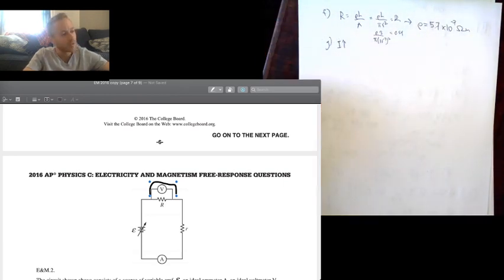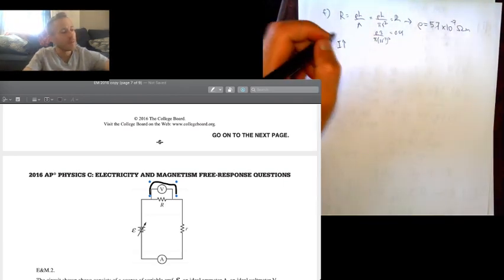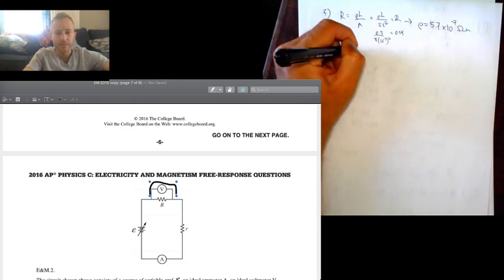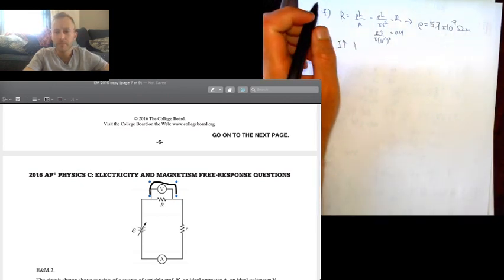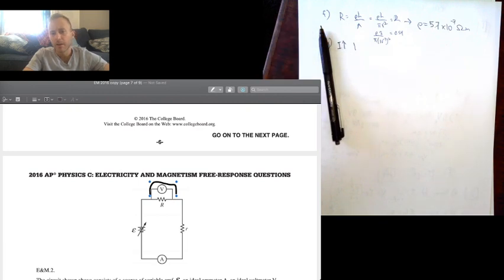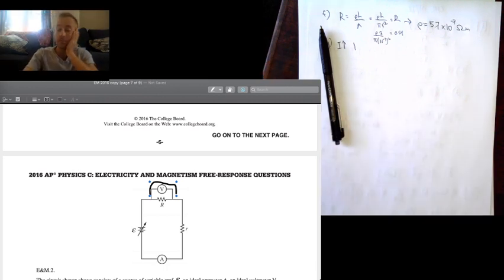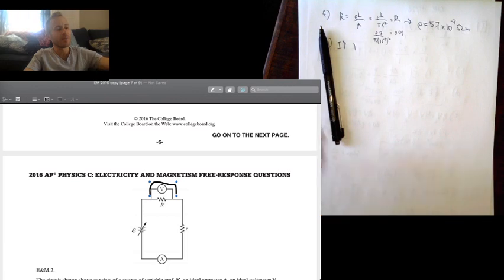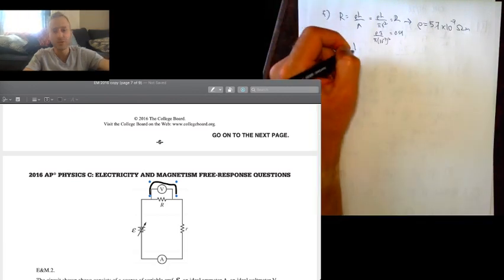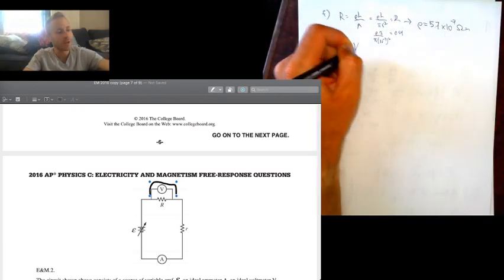And if the current in the circuit goes up, then that means we're going to have a bigger voltage drop across little r.